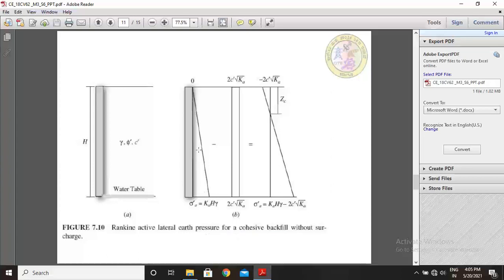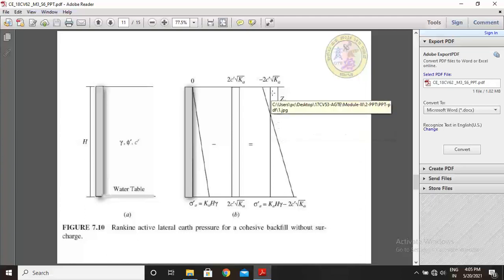Due to the backfill, this is triangular, Ka into gamma into H, where Ka is the active earth pressure coefficient, H the height and gamma the density of soil. So this is the diagram due to the backfill, minus 2c dash root Ka. This is the diagram due to the water table, minus, equal to the active earth pressure of the backfill.